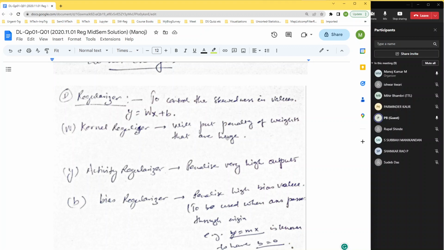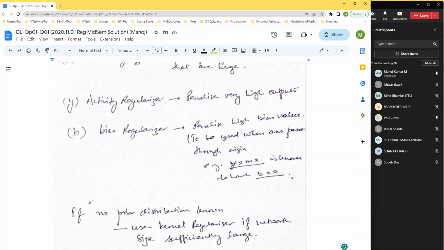So weights are the individual inputs of the node, right? So that will be penalized by the kernel regularization, and then the output, if it's high, will be penalized by the activity regularizer. Bias regularizer penalizes high bias values.